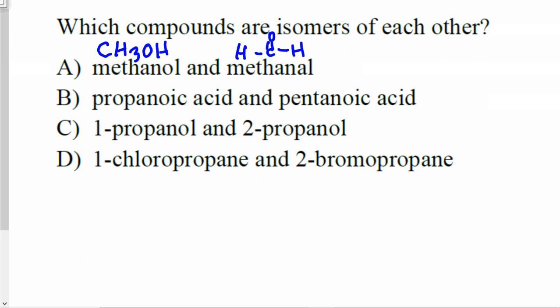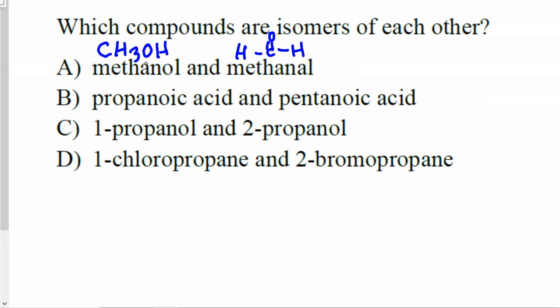For methanol and methanol, the chemical formulas are different. And again, please review how to draw organic compounds. The easiest way to answer this question is by using process of elimination.